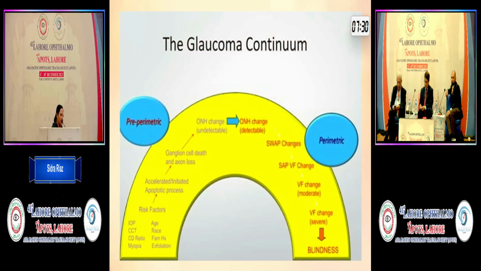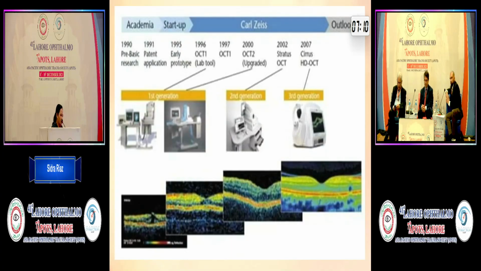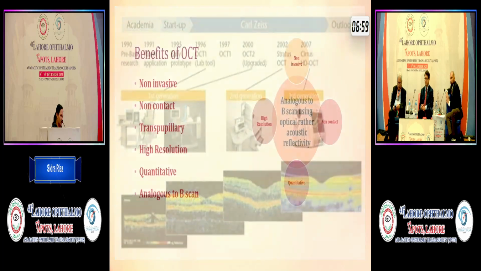So initially there is increased loss of ganglion cell complex, and IOP rise may or may not be present. At this stage, in the right half of this curve, you can pick up the disease with the help of this OCT. There has been gradual modification in machines from 1990 to the present, and software is being developed with more progression in this technique of OCT.